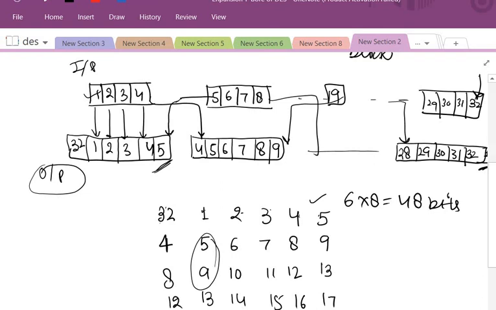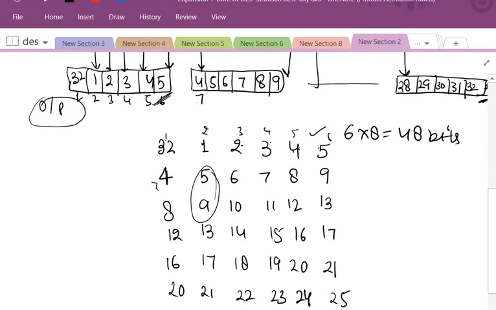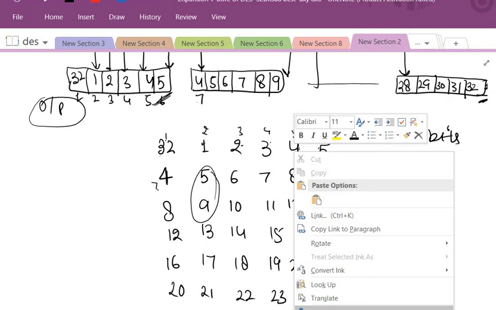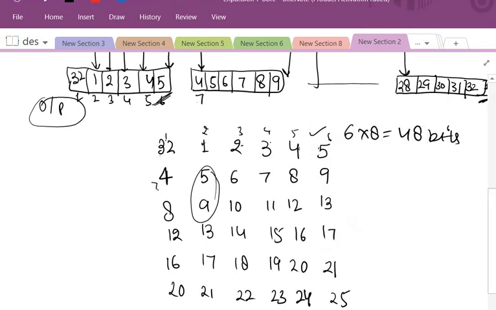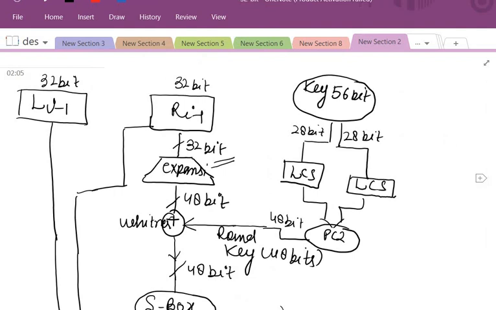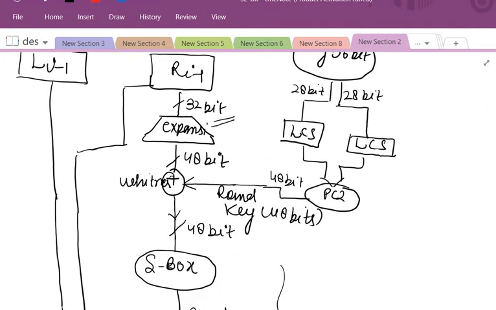So this is 1, 2, 3, 4, 5, 6 and 7, and similarly in each row. That's why the 7th bit is 4 here. So we have to find where the 4 is. The 4 is here, so continue with the remaining elements, that is 4, 8, 12, 16 in order to make the table.